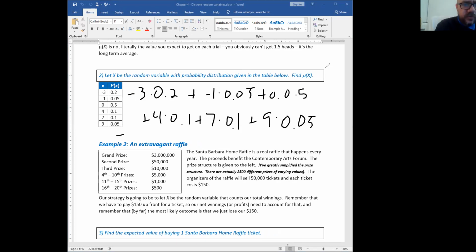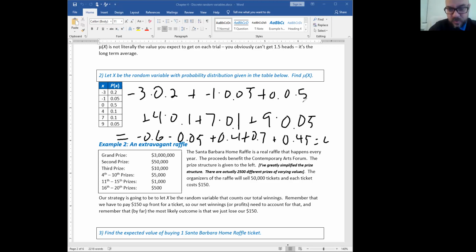And so that's going to be equal to minus 0.6 minus 0.05 plus 0.4 plus 0.7 plus 0.45, and that's going to equal something. Let's figure this out. So we got minus 6.5, minus 2.5 plus 0.45, so I'm getting 0.9.